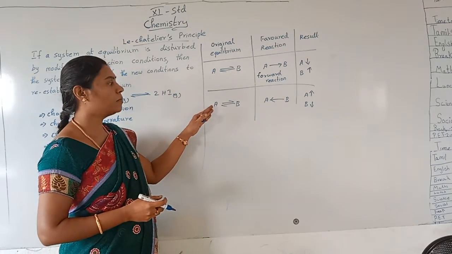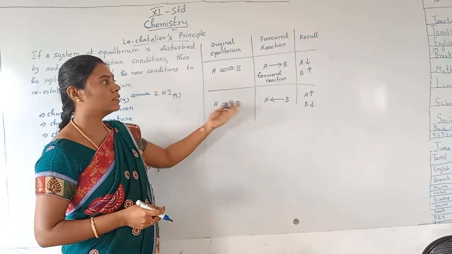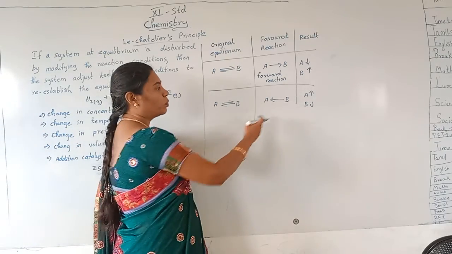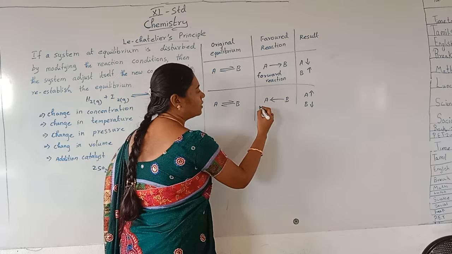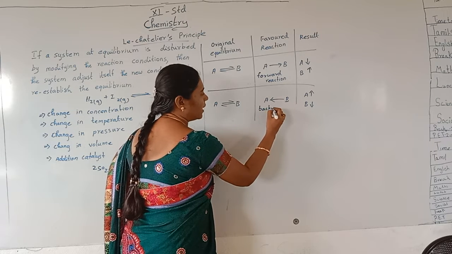Then the next step is the backward reaction. Product to reactant is the backward reaction.